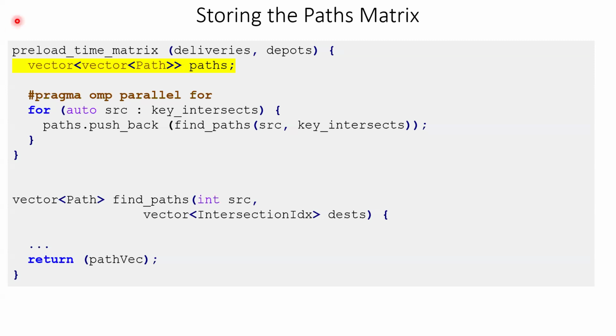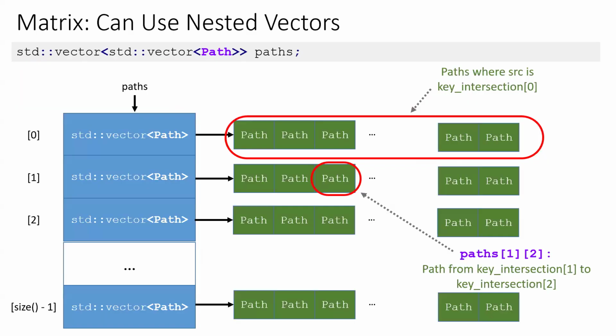And we can just fill it up from the results we got from the find paths. So we can access it like this, like how you should be accessing a matrix, from intersection 1 to intersection 2.